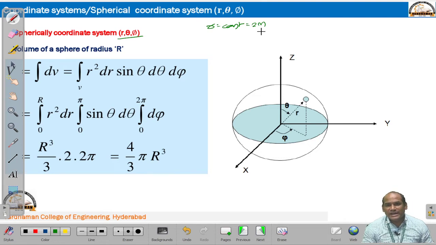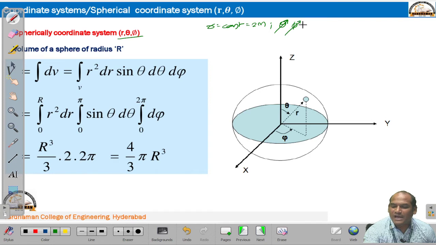But in order to create the sphere, the remaining 2 coordinates, theta and phi, we have to take the full range of theta and the full range of phi. We fix the r value, and then that sphere has been created. So r is equal to constant, 2 meters, and theta and phi we fully vary, then you can draw a sphere.